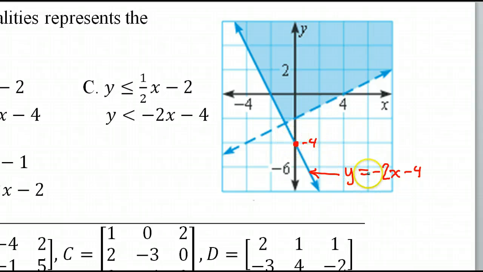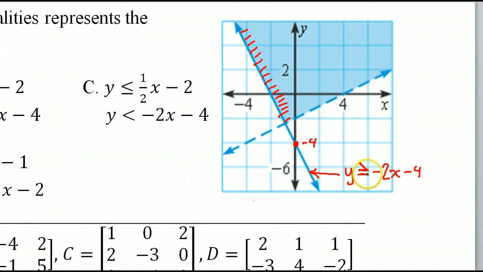Anyway, we now need to deal with the fact that this is an inequality. So looking at the shading, I'm hoping you can see that we are staying above this line with the shading. So it's going to be some sort of a greater than situation. Also, it's a solid line, so specifically we're talking about greater than or equal to.